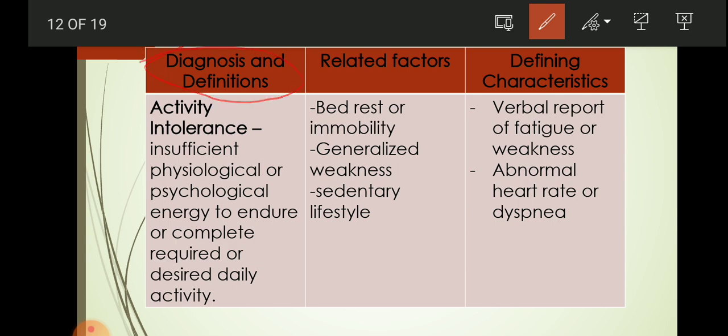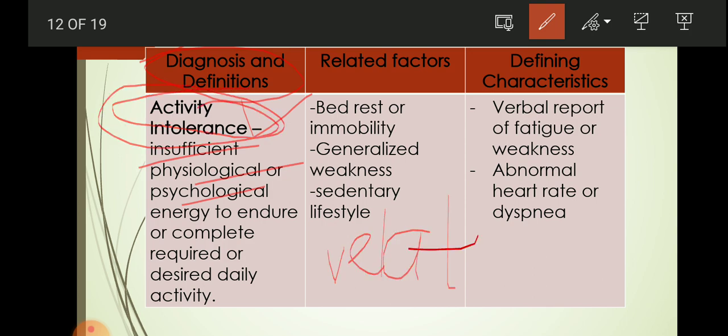Diagnosis and definition. When you say activity intolerance, the patient cannot move. It's because of maybe insufficient physiological or psychological energy to complete or endure required or desired daily activity. So that is our problem, activity intolerance related to what?